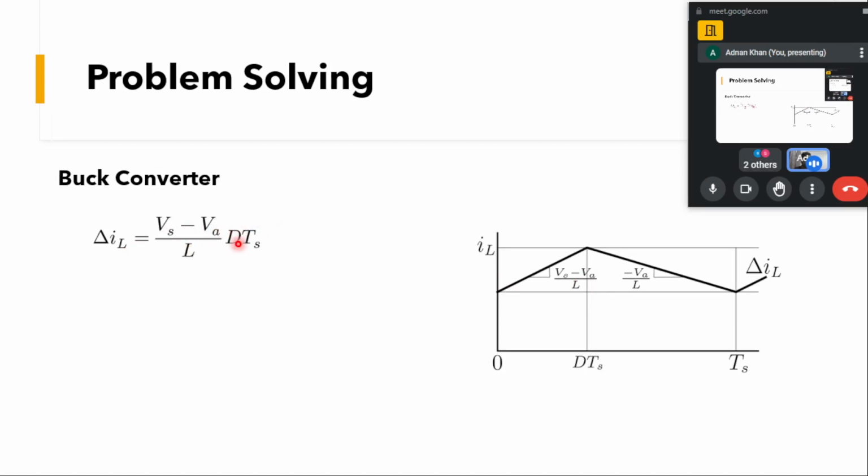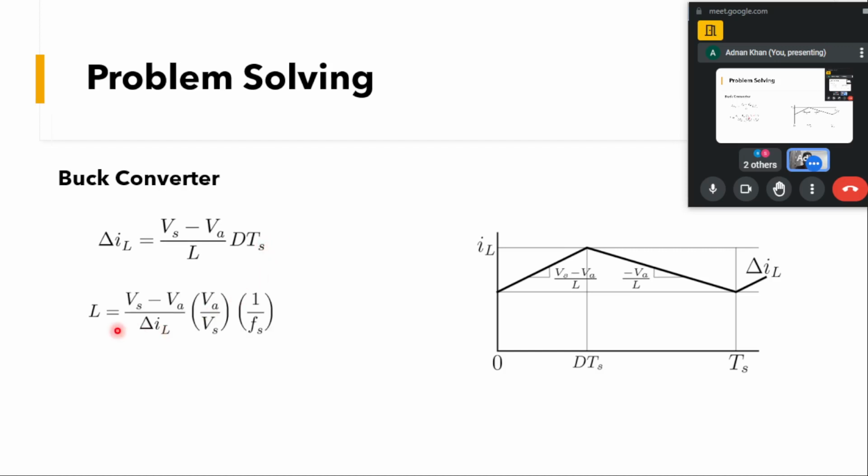For this 0 to DTs interval, the delta IL is given to us, and L needs to be calculated. We don't know L, but we know the input, we know the output, and the duty is given, or we need to calculate the duty, and Ts, the switching frequency, is given to us.